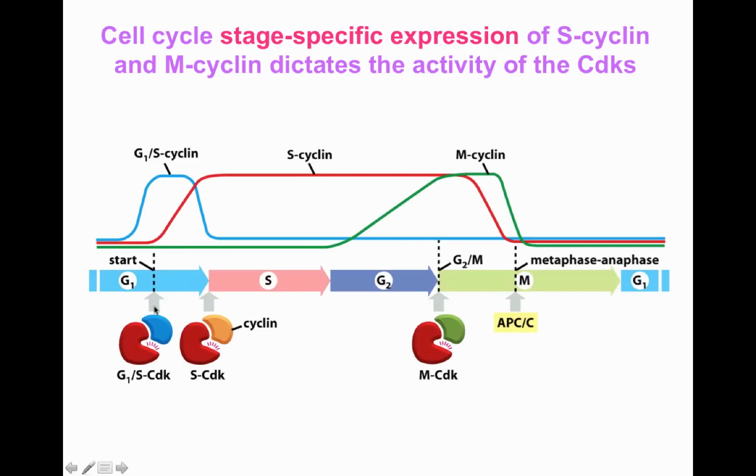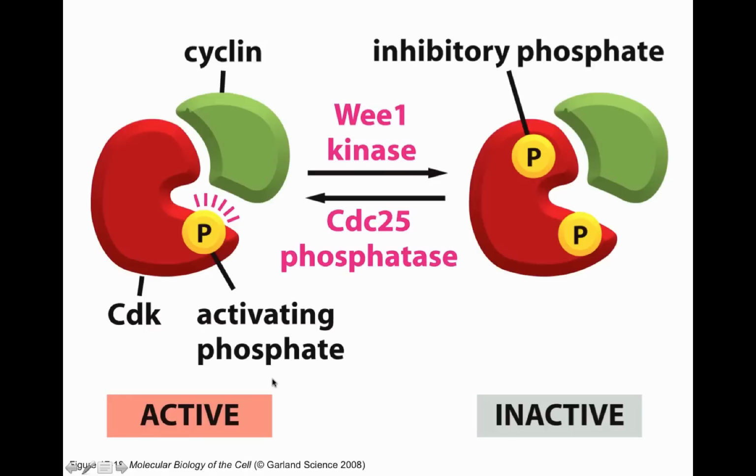So when you look at this table and this information, you can start to look at the activity of the different G1 cyclin-CDK complexes and see how the recycling of the cyclins allows for the activation of each of these kinase complexes. These complexes are activated by phosphorylation and dephosphorylation.